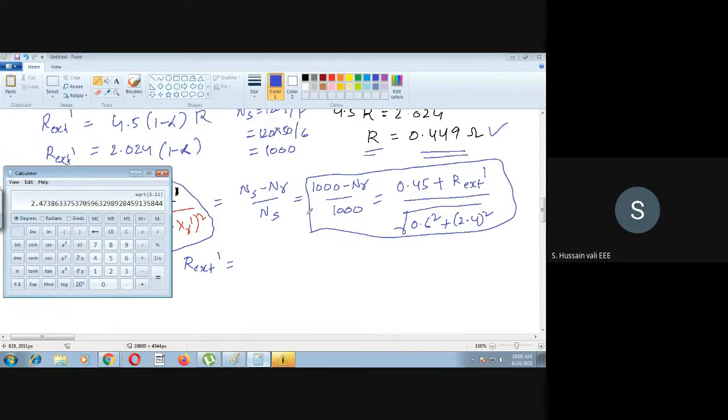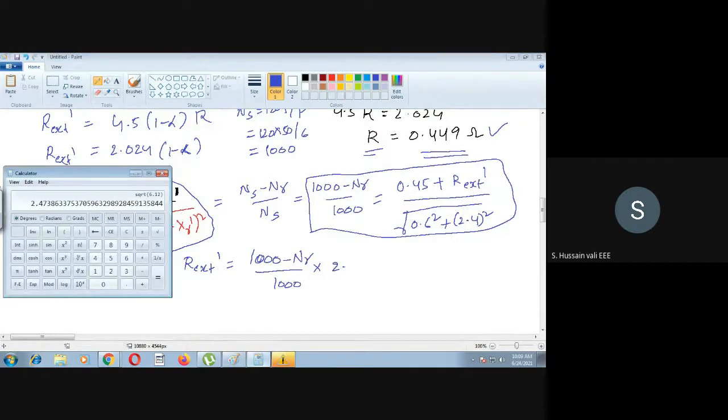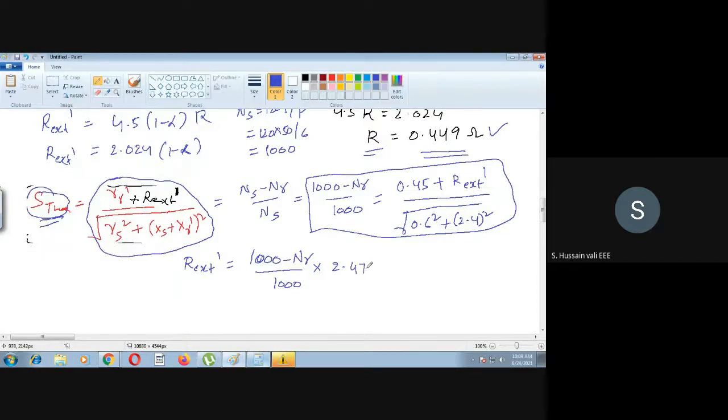You got 2.473, the square root of this. Then R external is equal to 1000 minus Nr by 1000 into 2.474 minus 0.45. We can take it like this.